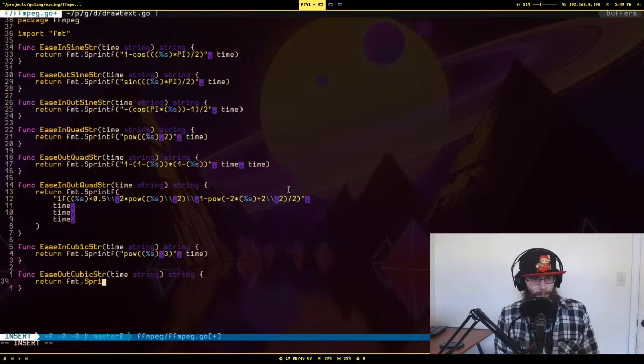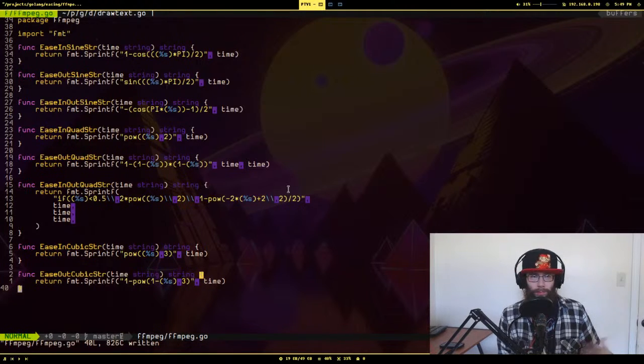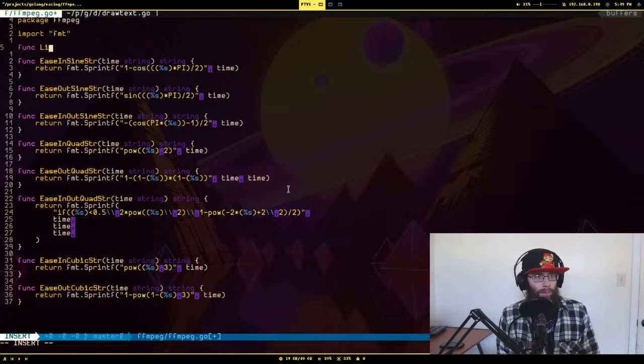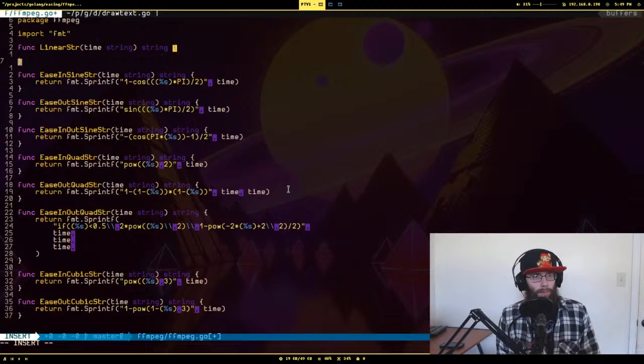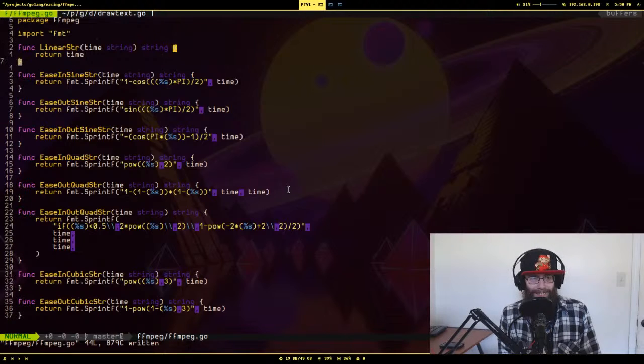Your FMT is printf 1 minus pow, 1 minus %s, 3. I think it would just be that technically. It wouldn't change anything.